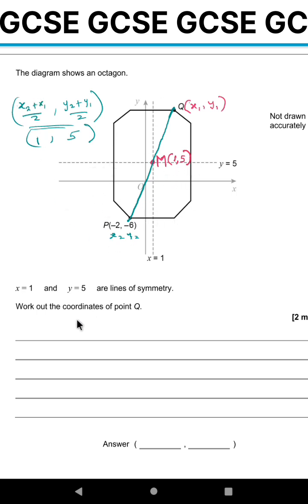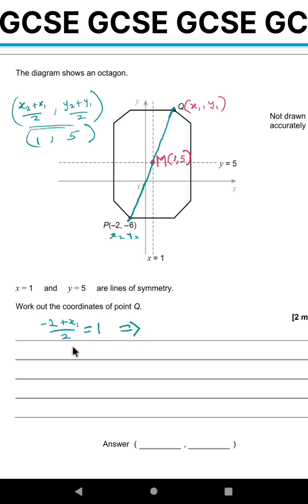So our P is x2, y2, our Q is x1, y1. So if I use my formula, it therefore means that minus 2, which is my x2, plus x1, which is actually what we are looking for, divided by 2 should give me this 1. That is the midpoint here, 1.